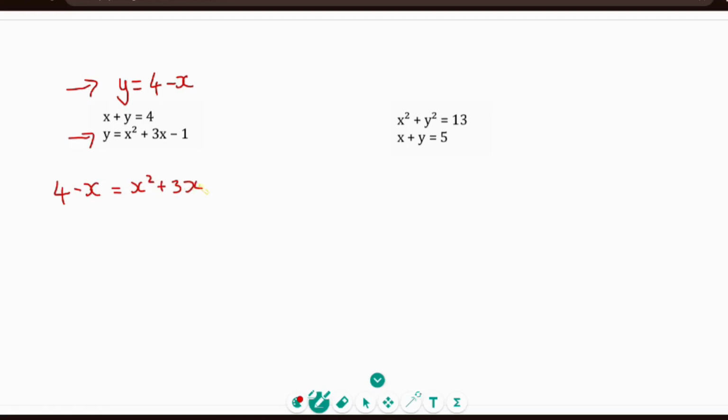The quadratic equation needs to be equal to 0. Let's add an x to both sides. Take 4 off both sides. Factorise. Solve.